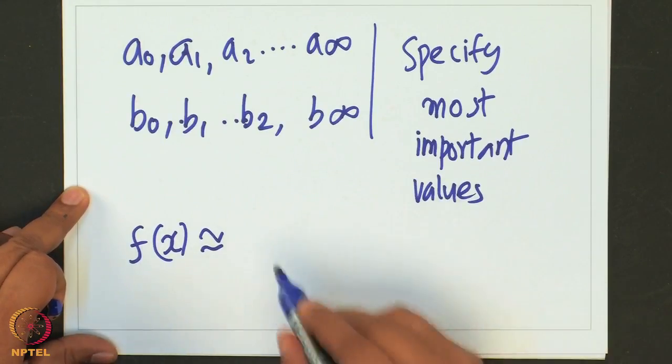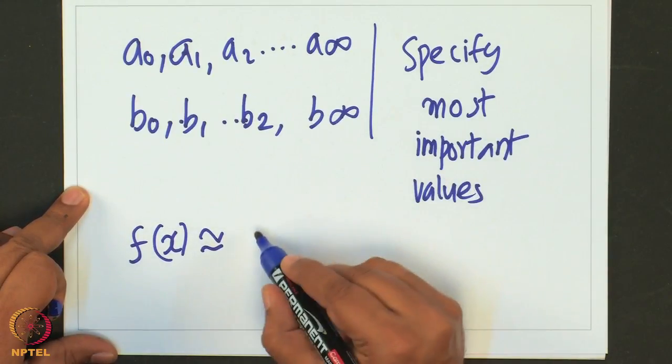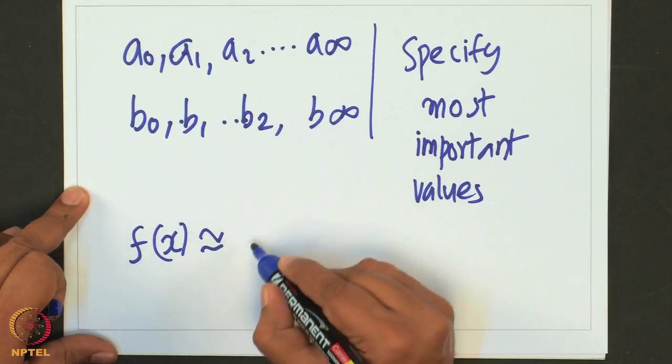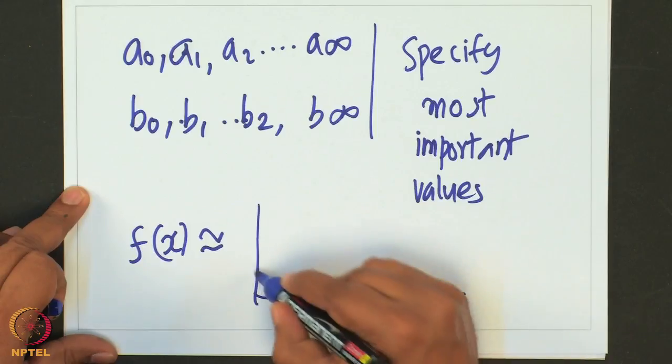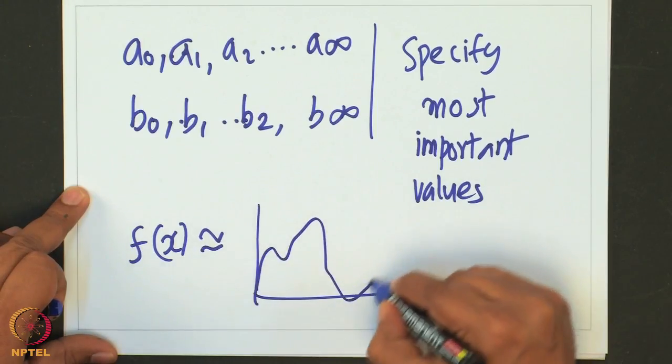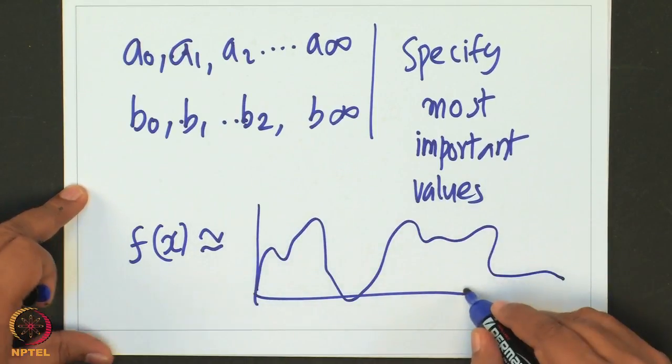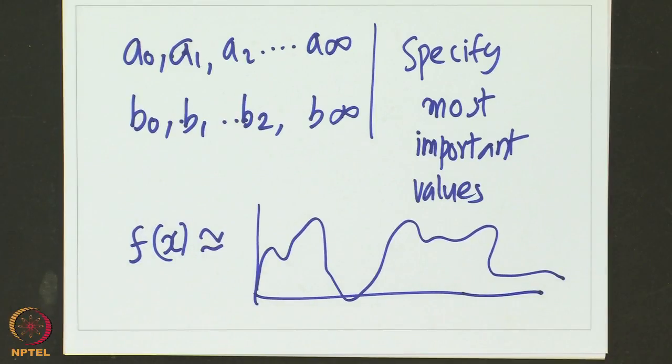I am not specifying the infinite values, I only specify important values and I can get an approximate expression for f of x, and that approximate expression could look roughly like your real curve. So, this is the first idea that should come to your mind.